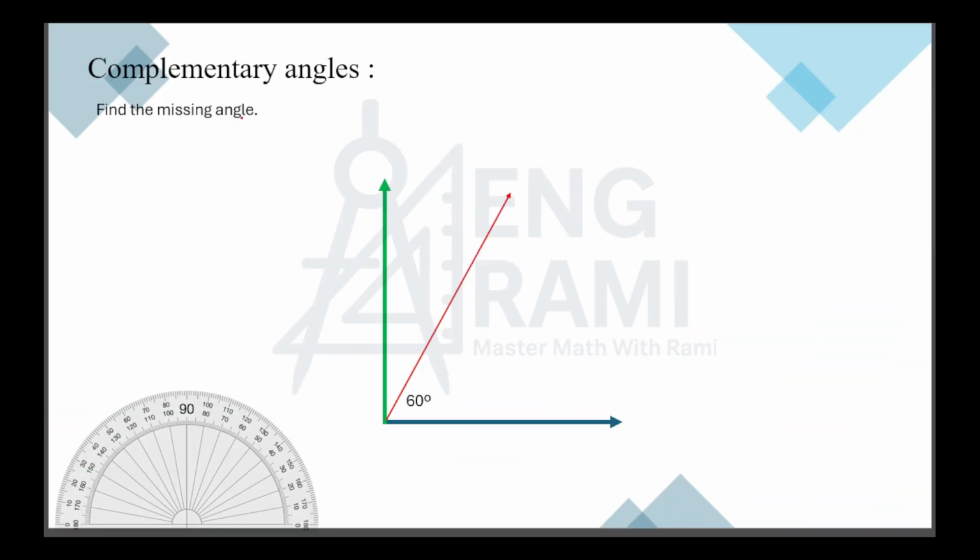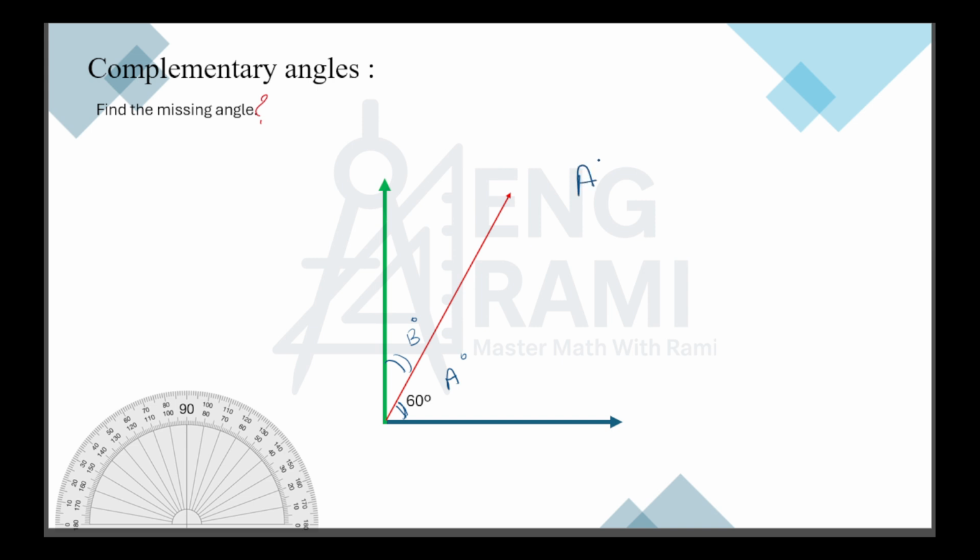Find the missing angle. The question is, find the missing angle. We know that we have two angles. This is 60, and the other angle, you can say it as B. This angle is A, and this angle is B. We know that both angles are complementary since the summation of them is 90.